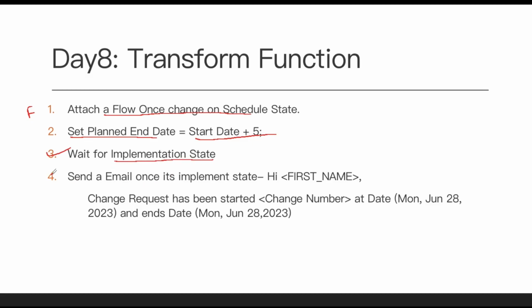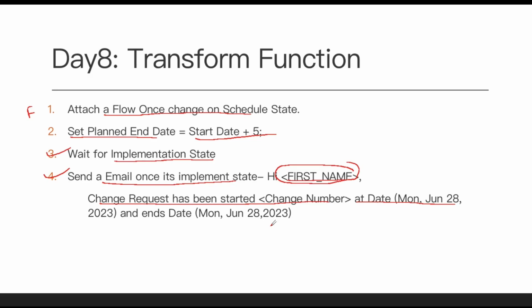And then in step 4, once the change is moved to the implementation state, we are going to send an email saying 'Hi' followed by the first name of the change's opened by user, only the first name and not the full name, and then a message saying the change request has been started with the change number and some date format.